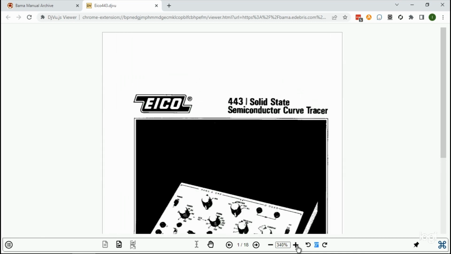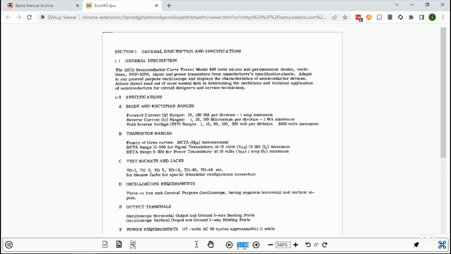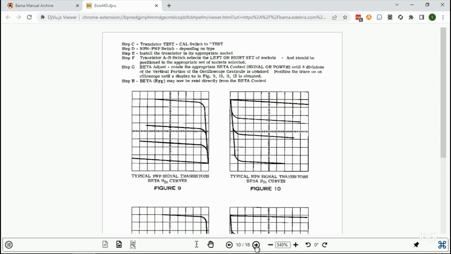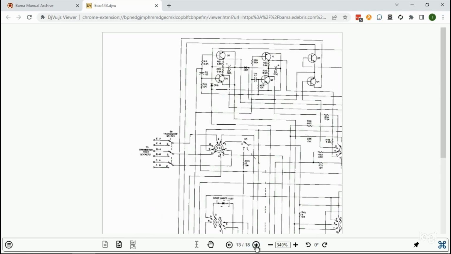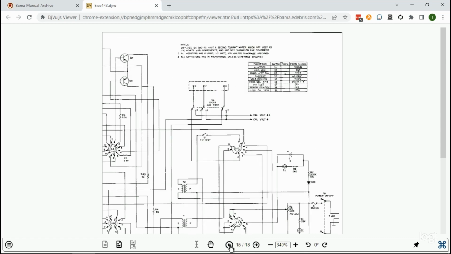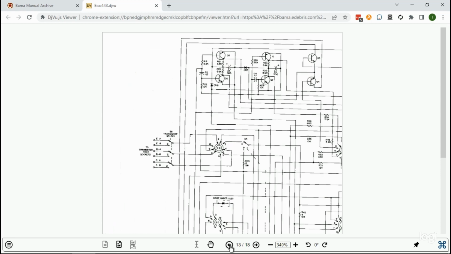Although it's compressed, once it zooms in, it's a fairly clear picture of what's going on. Towards this is just the user manual. This is not the actual service manual, but what it does have is a 3-section mosaic of the full schematic, which is what I pieced together to get my full schematic.